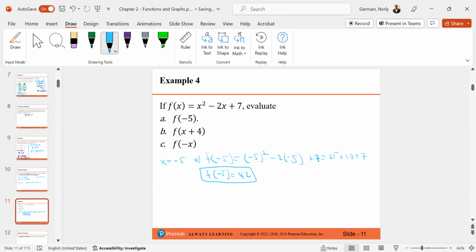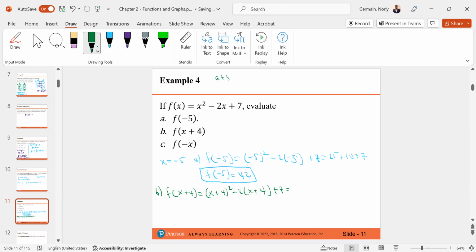Now, some of them might be longer. For example, in part B, where we find f of x plus 4, that means everywhere we see x, we replace it by x plus 4: (x plus 4) squared minus 2 times (x plus 4) plus 7. Can you remember what we learned in the previous chapter?